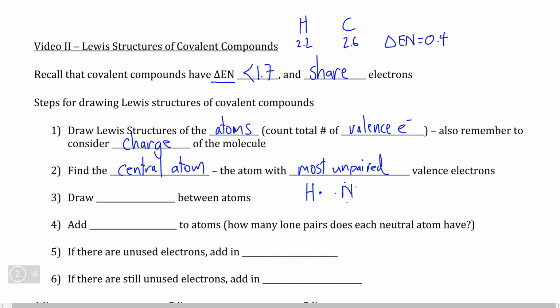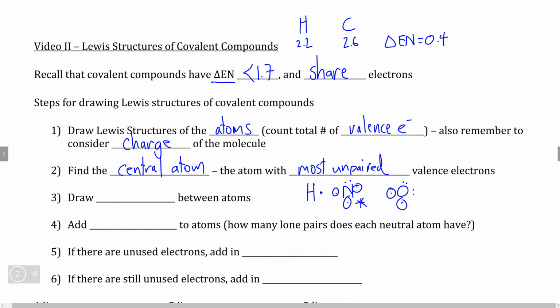Even though nitrogen has 5 valence electrons in total, it has 3 unpaired electrons because these two exist in a pair. Oxygen, even though it has 6 valence electrons, has 2 unpaired electrons here. So if the 3 elements were hydrogen, nitrogen, and oxygen, nitrogen is the one with the most unpaired electrons.